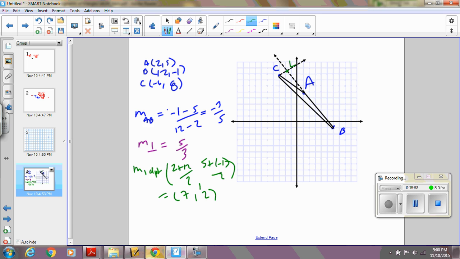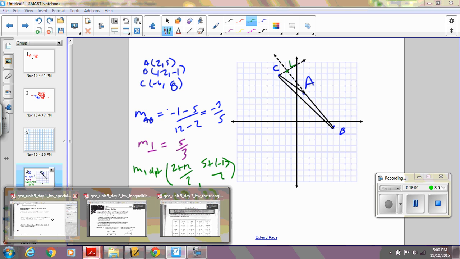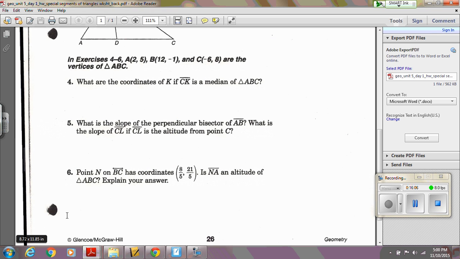And it's asking for the slope of CL if it's the altitude. And if it's the altitude, it has to be perpendicular.